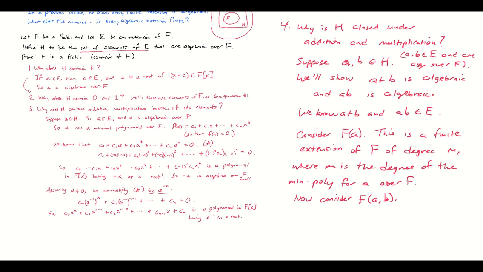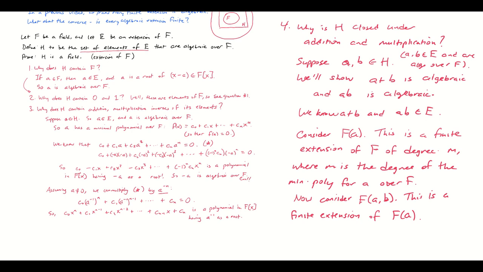Okay, this is a finite extension, or at least I claim this is a finite extension of F adjoin a. But now I have to be a little bit careful what claims I make, because whatever the minimal polynomial is for b over F, that may not be the same as the minimal polynomial for b over F adjoin a. I mean, for all we know, b belongs to F adjoin a, in which case the minimal polynomial for b over F adjoin a would be just 1.